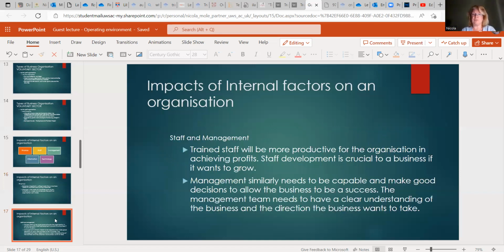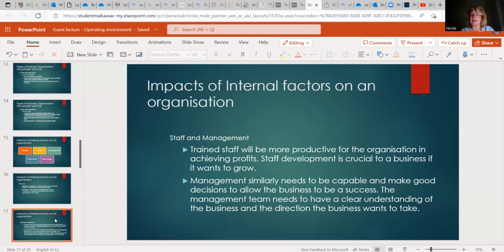Staff and management, all right? So if we have trained staff, they're going to be more productive. They'll do more for an organisation in achieving profits. So staff development is crucial to a business if it wants to grow. So a business needs to assess what training the staff need and ensure that they have the right programs in place.